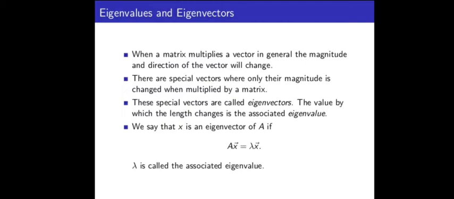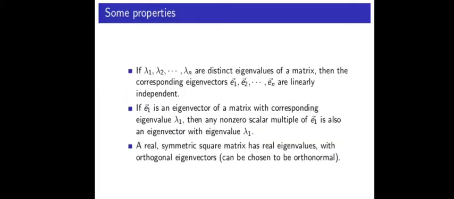These special vectors are called eigenvectors. The value by which the length changes is the associated eigenvalue. We say that x is an eigenvector of A, capital A, if Ax equals lambda x, where lambda is called the associated eigenvalue.